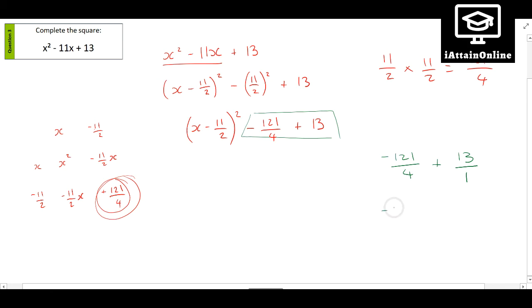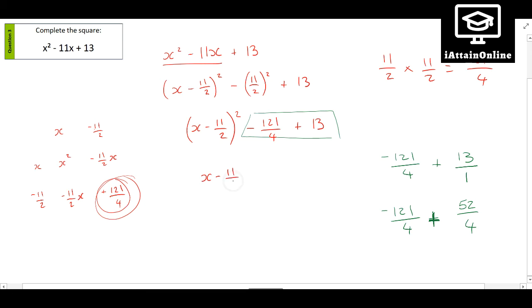To add or subtract fractions, the denominator must be the same, so if I multiply 1 by 4 to get 4, I also need to multiply 13 by 4 to get 52. So now I'm doing negative 121 and adding 52. That gives me negative 69.